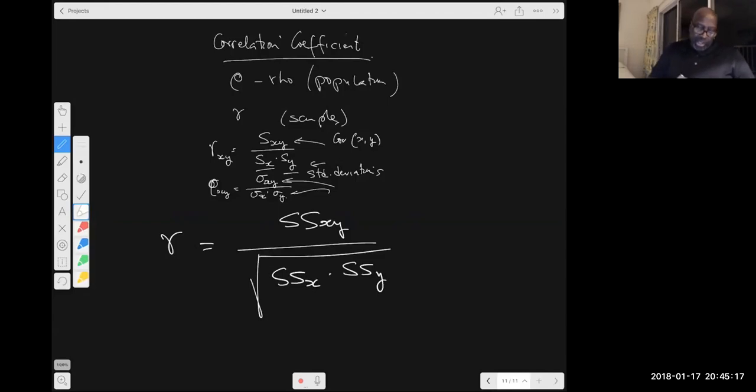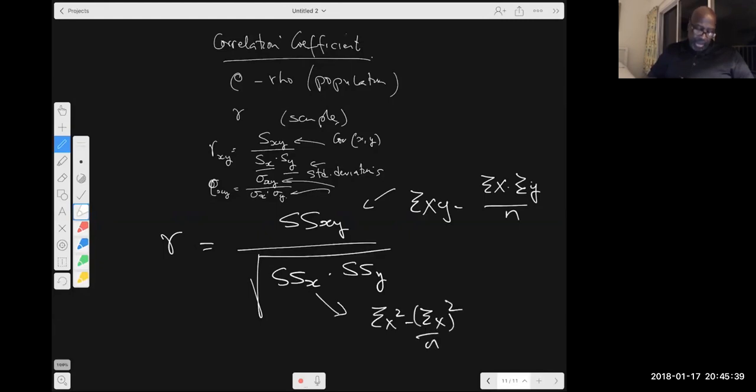And you may recall earlier I told you that we have the shortcut formulas. This part right here would be sum of X times Y, sum of X, sum of Y over N. That would be that numerator right here. This one would be sum of X squared, sum of X all squared over N. And then this one would be sum of Y squared, sum of Y squared over N. And that's what this one would be.